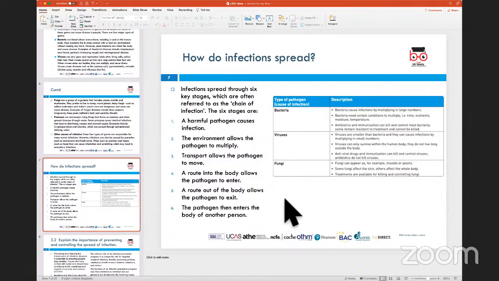Now, when your body gets infected, you would then also feel differences in terms of how you're feeling.